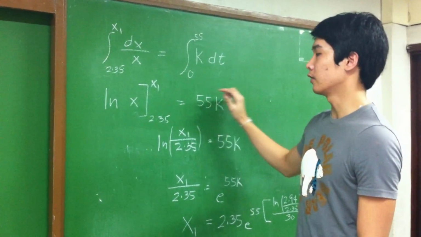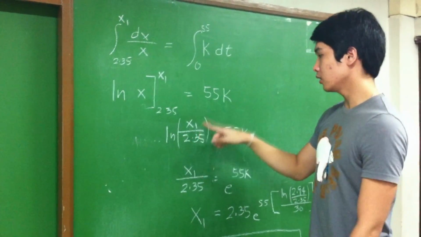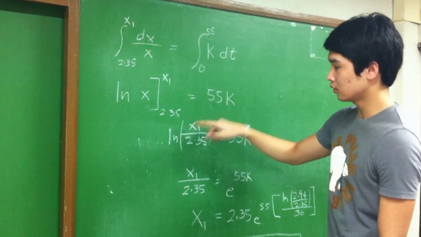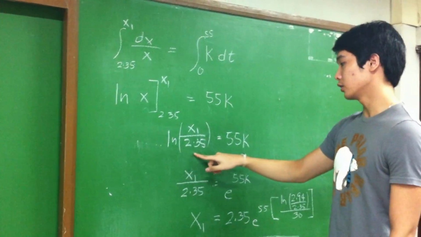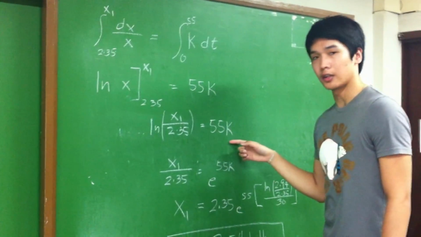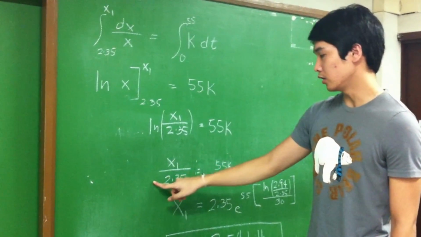We distribute the limits, and this is the equation now: ln of x1 over 2.35 is equal to 55k. In order to get rid of ln, we need to raise it to e.